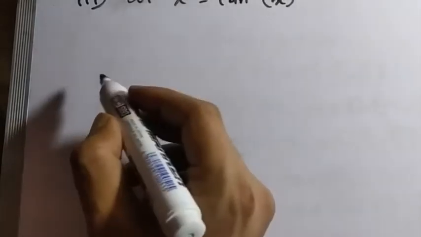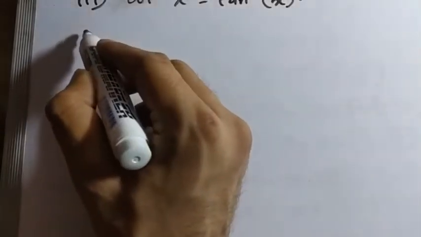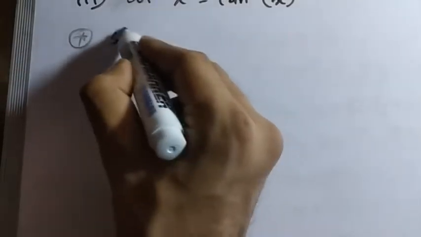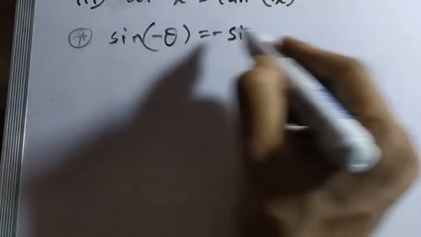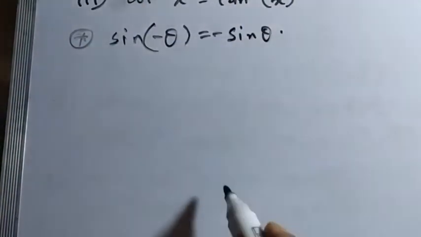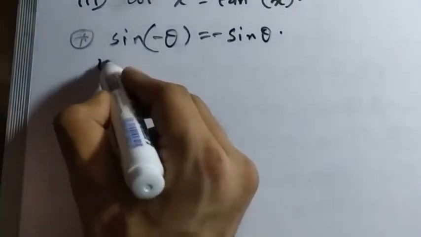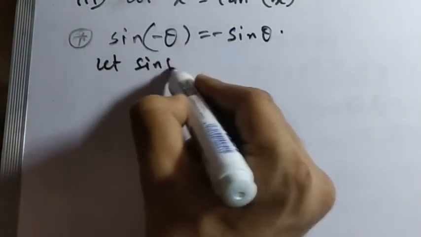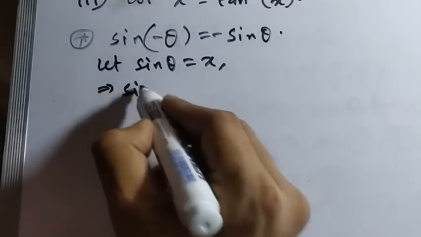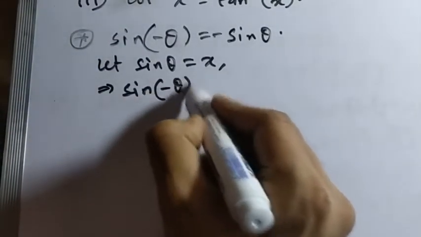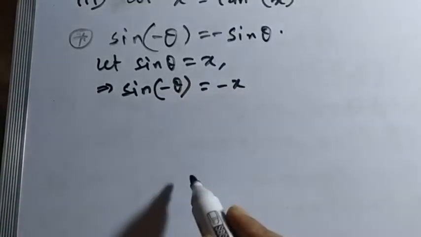Now from the properties of associated angles, we have the trigonometrical formula that sine of minus x is equal to minus sine x, or we can say sine of minus theta is minus sine theta. So here if we take sine theta as x, then we can write sine of minus theta is minus x.